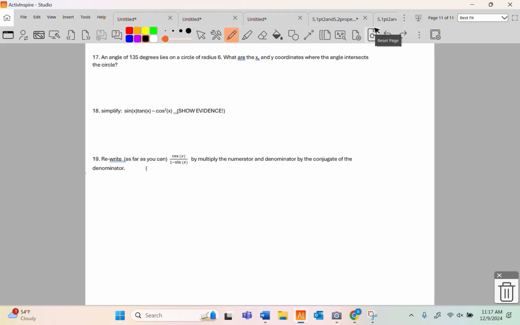Simplify sine of x times tangent of x plus cosine squared, and show your evidence. Anyways, tangent is sine over cosine.